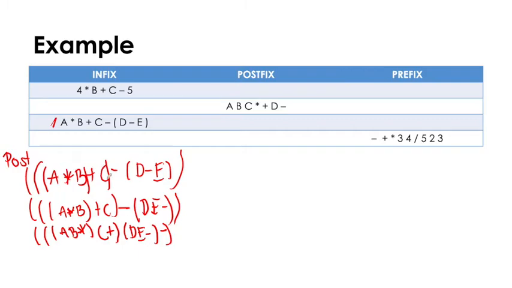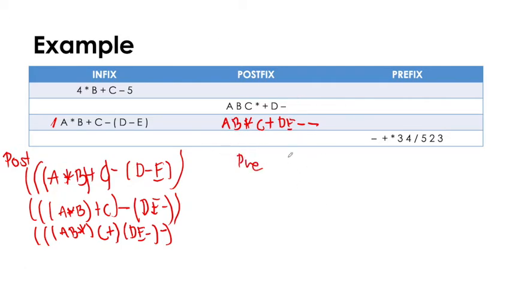So our final answer would look like, for the postfix, as A B times C plus D E minus minus.